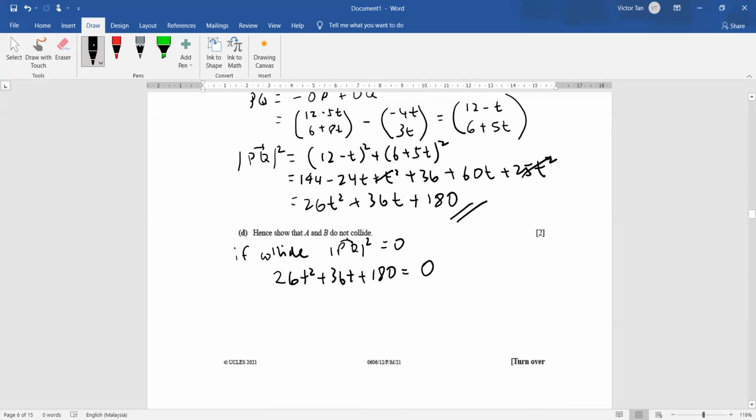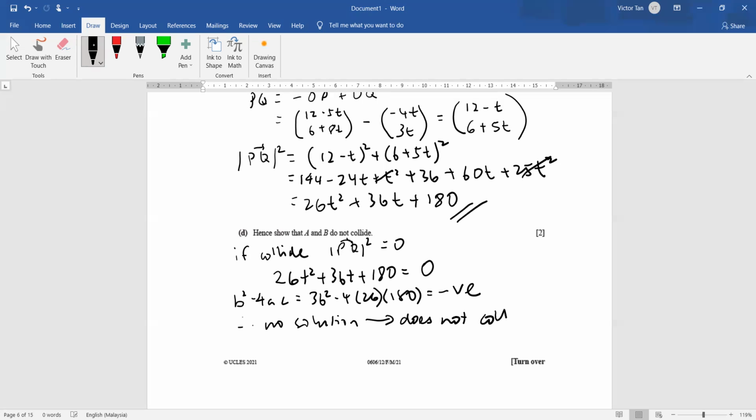So you're going to find the value of the discriminant: 36 squared minus 4 times 26 times 180. This is a negative value. Therefore, no solution means they do not collide. Okay.